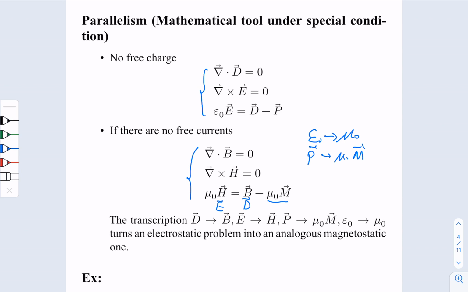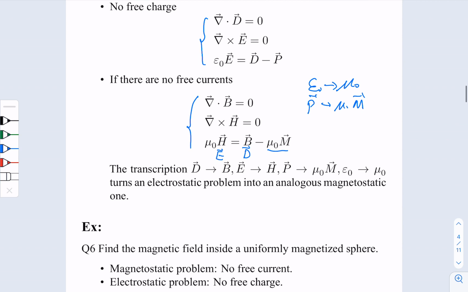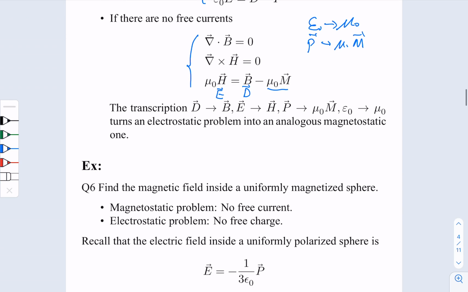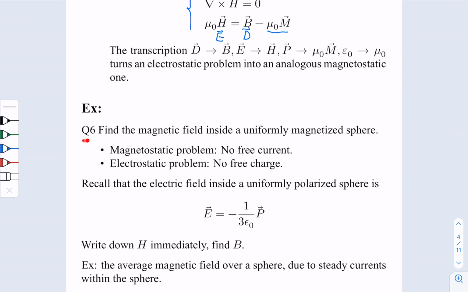So this means that now we successfully mapped an electrostatic problem to a magnetostatic problem under these two equation conditions, and this actually maps a lot of problems from the electrostatic to the magnetostatic. So for example, this is a question from homework that I'll discuss here.